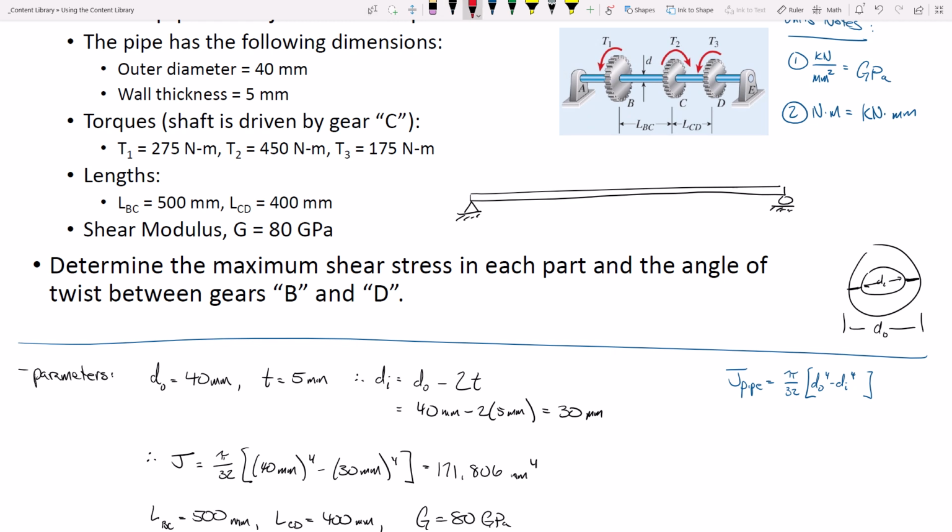I know it seems like we're running short on time, but we've got time to do this one. So I've got T1, I've got T2, T3. Does everybody see how I'm doing that?